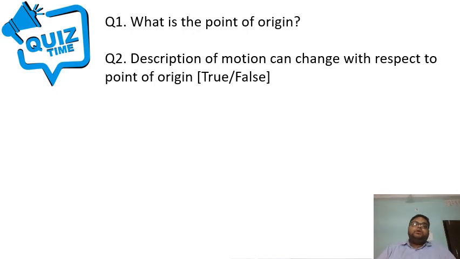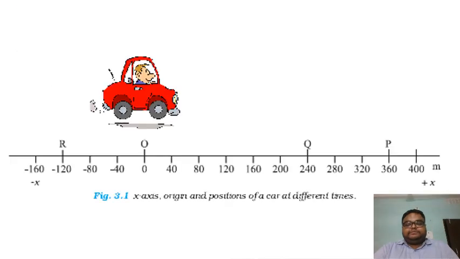Yes. So this statement is a true statement, because we know that the description of motion can change with respect to the point of origin. Right, students? Now let's proceed ahead.